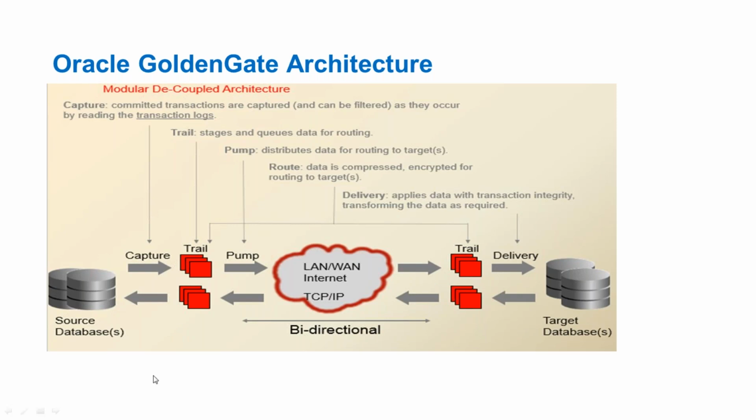So you have capture, pump, and the corresponding delivery process for site A to site B replication. Similarly, for site B to site A replication, you will have extract, pump, and delivery present on all the sites.